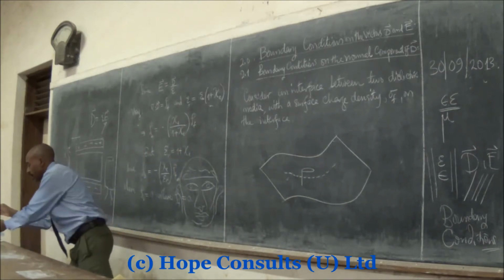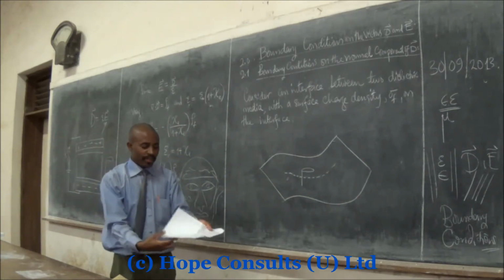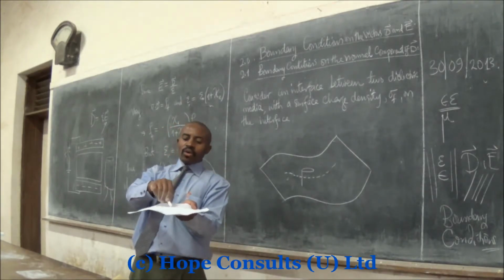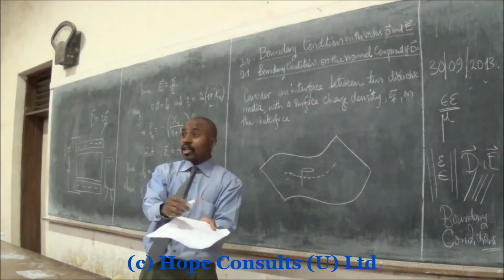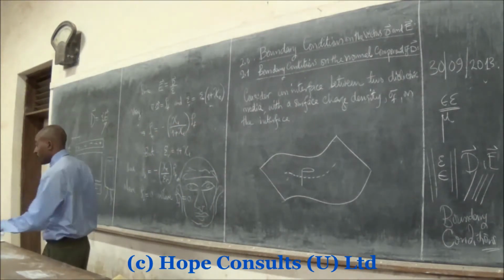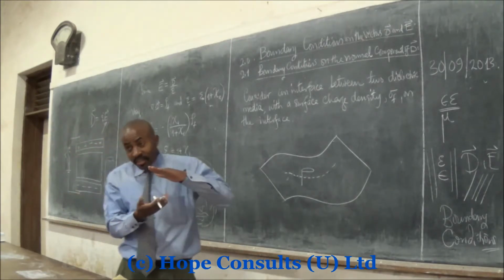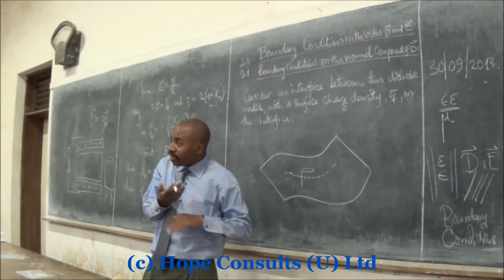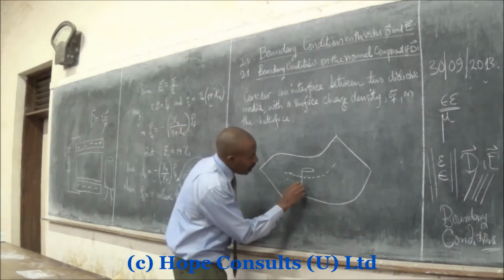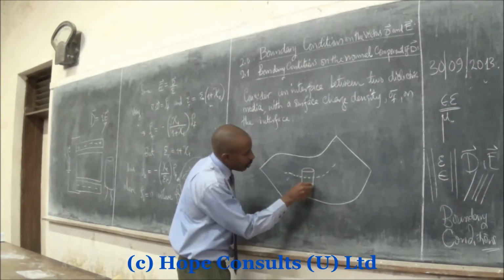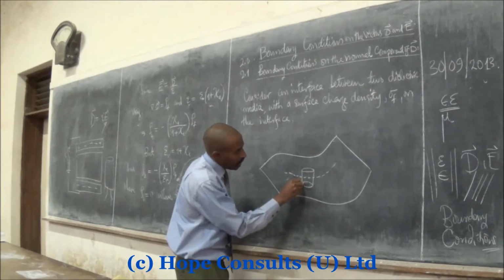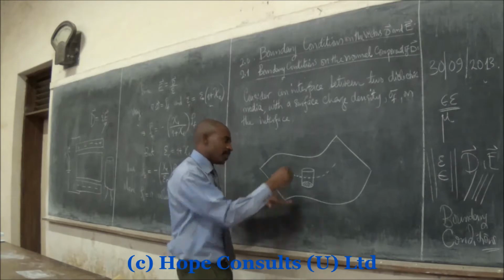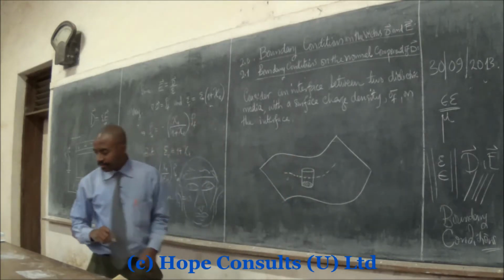If I use my paper to represent our surface, I'm taking dotted lines along the surface to show you that I'm going to make my pillbox a little bit on the other side of the interface into medium 2, and a little bit on the other side into medium 1. And on top is our surface.